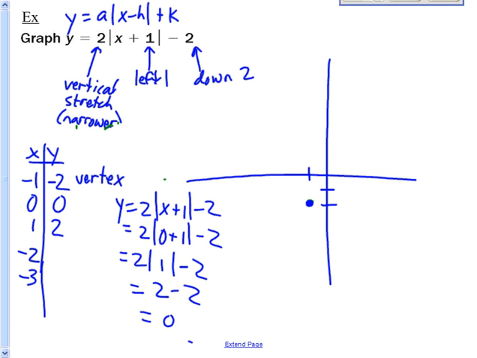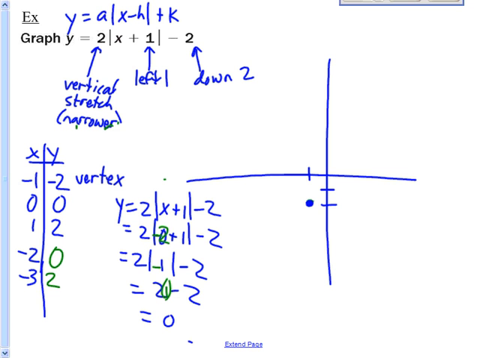Plug in negative 2 now. So I get negative 2 for x. Negative 2 plus 1 is negative 1. Absolute value of negative 1 is 1. So I got 2 times 1 minus 2, which is, guess what? 0. Plug in negative 3. Negative 3 plus 1, negative 2. Absolute value of negative 2 is 2. 2 times 2, 4. 4 minus 2, 2.